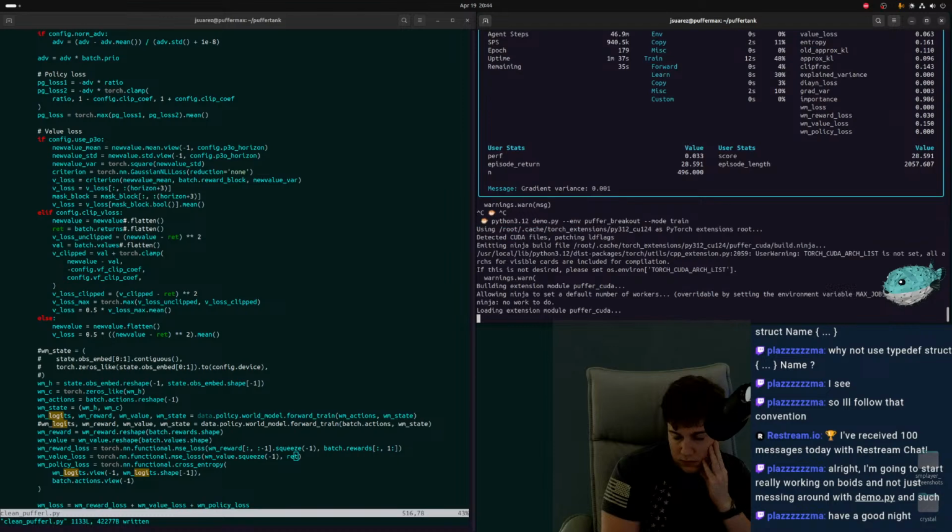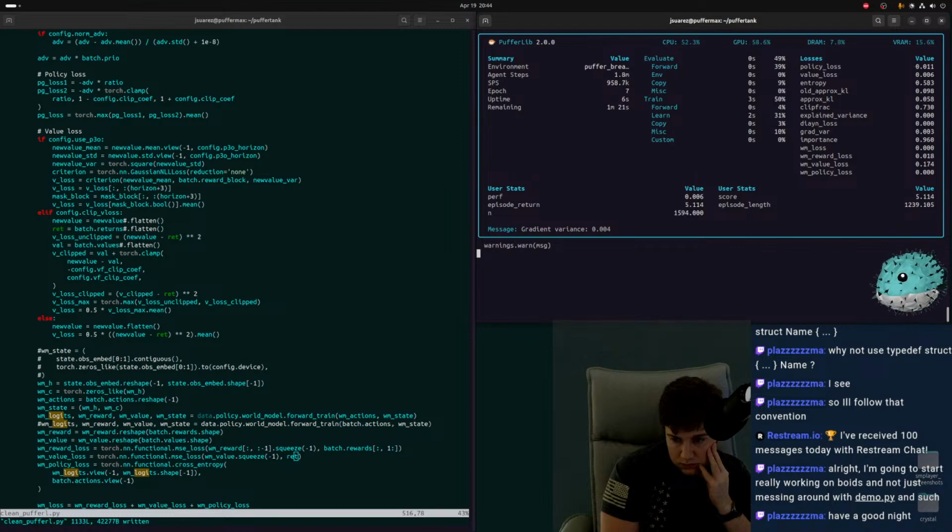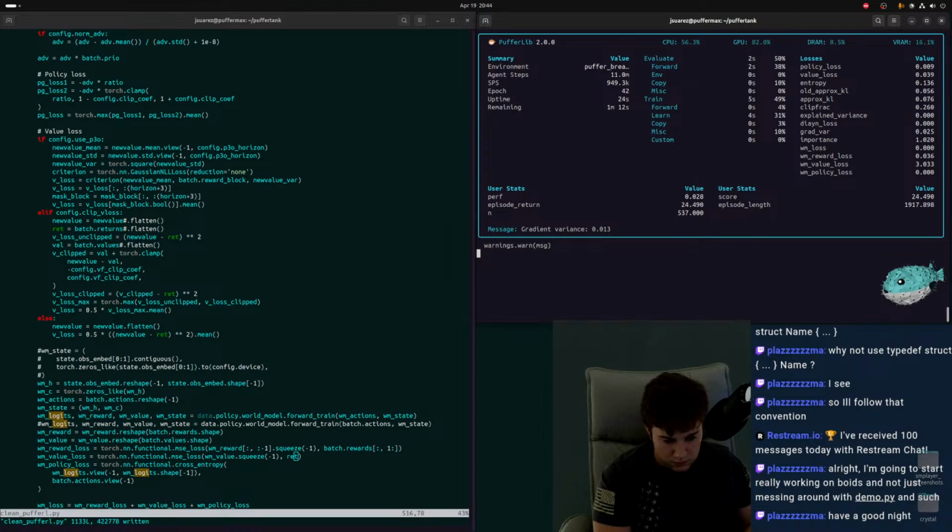It is. Should be predicting return. Okay, so this does better, but the value loss sucks.